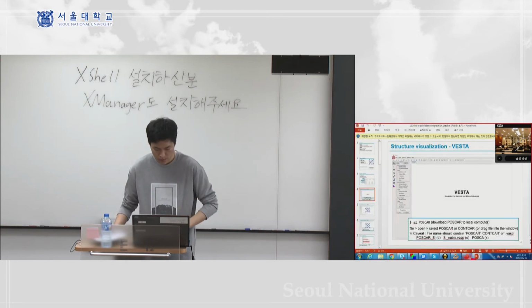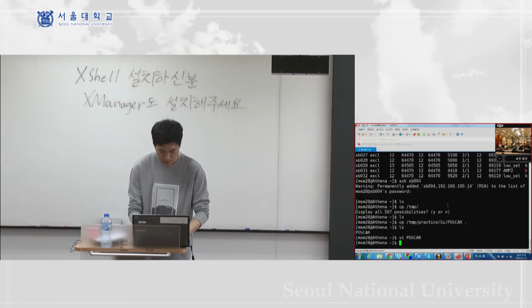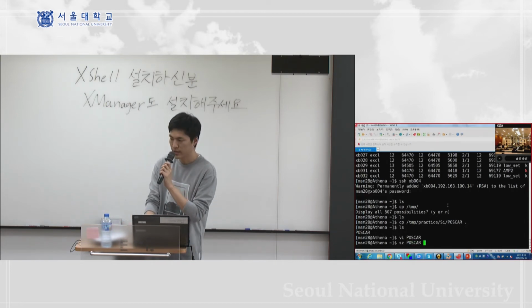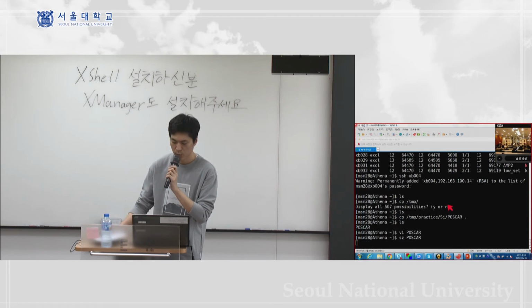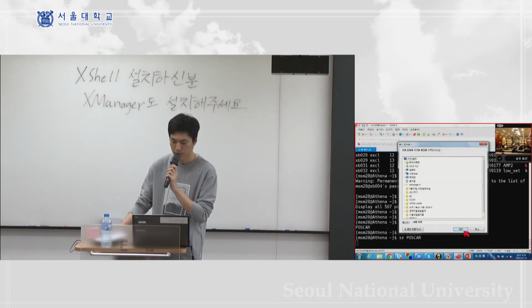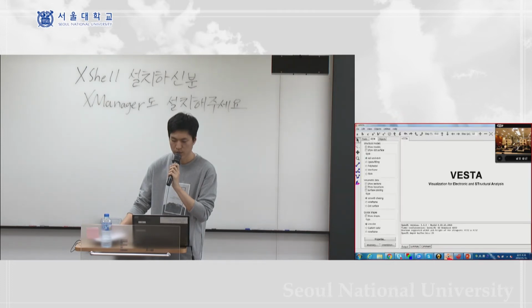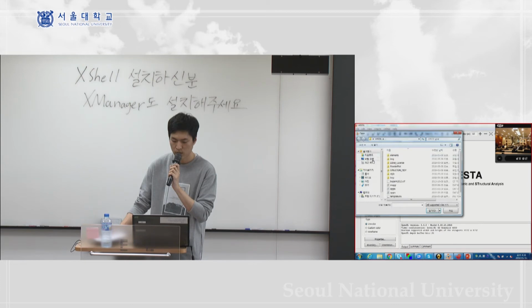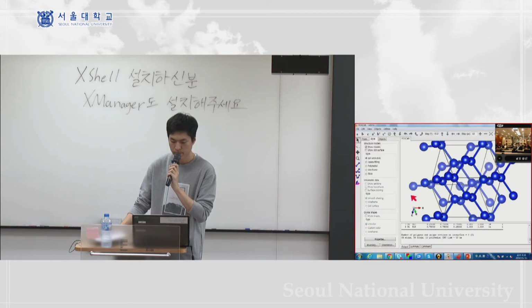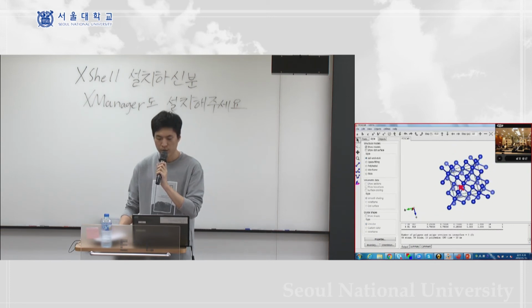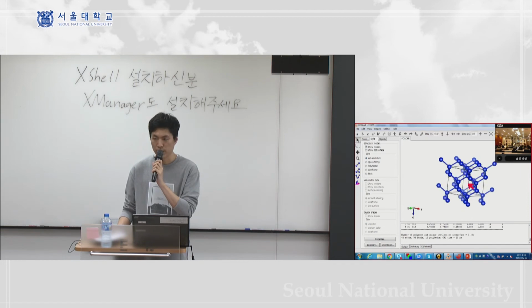So by using the sg command, you can download the POSCAR file onto the local computer, and then you can open the POSCAR file using VESTA. Then you can see the structure of diamond silicon.